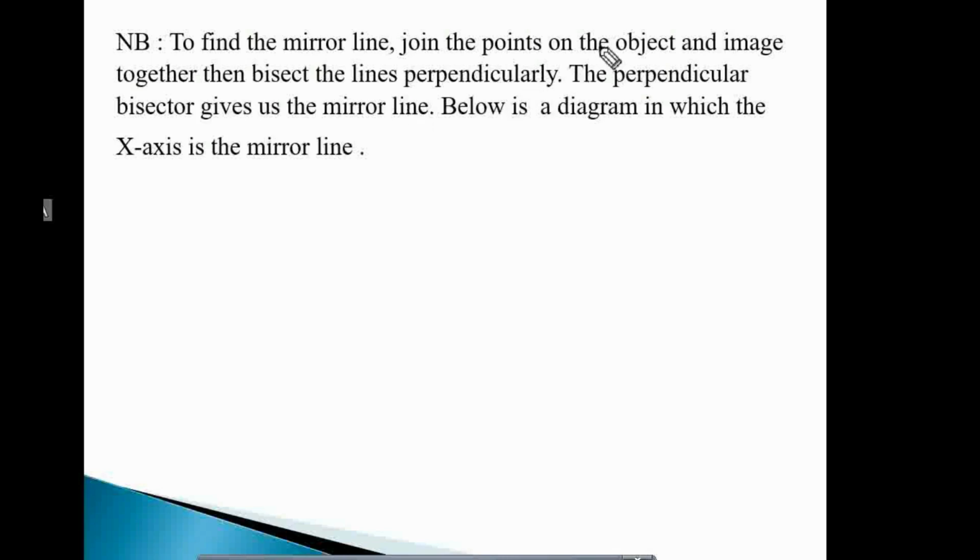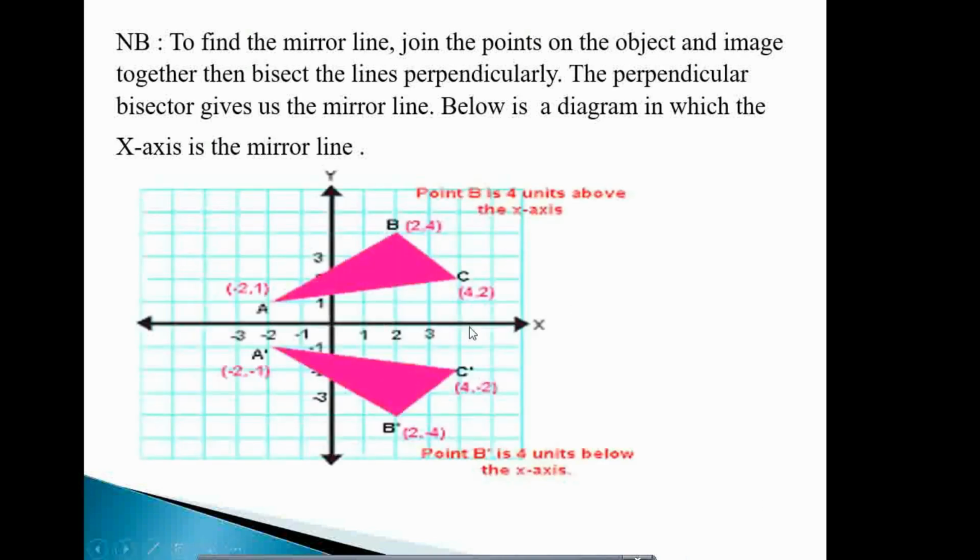So the perpendicular bisector gives us the mirror line. Below is a diagram in which the x-axis is the mirror line. Let's look at the diagram. So you can see that diagram over there.